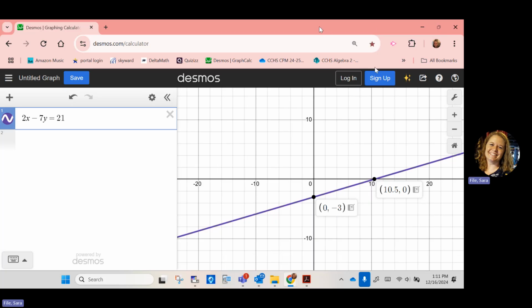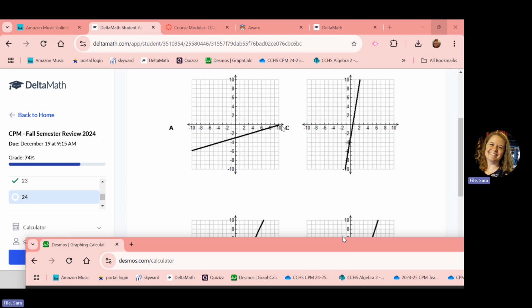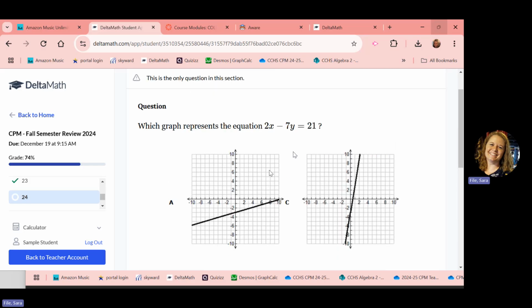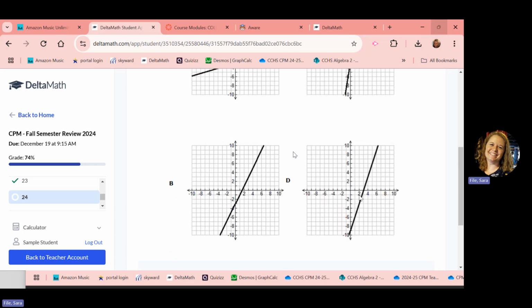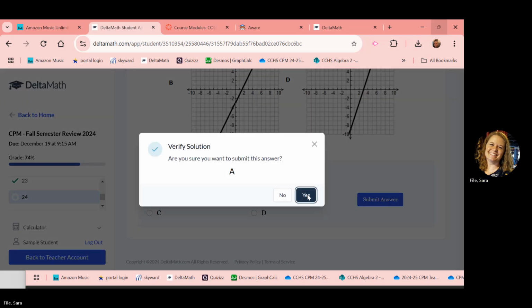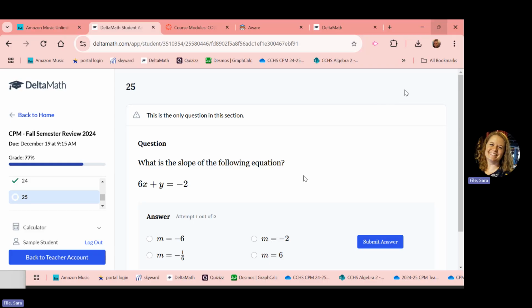So you can compare that to your choices. That one looks like it's going through over here at 10.5 and it's crossing at -3 for the y. None of the others are close to that. So it should be answer choice A there.